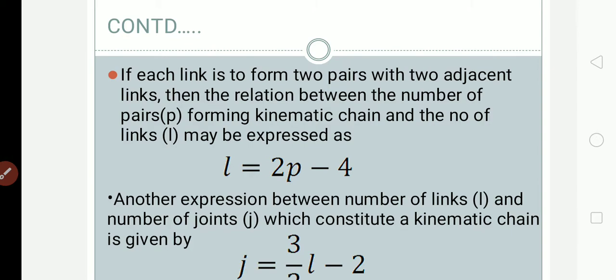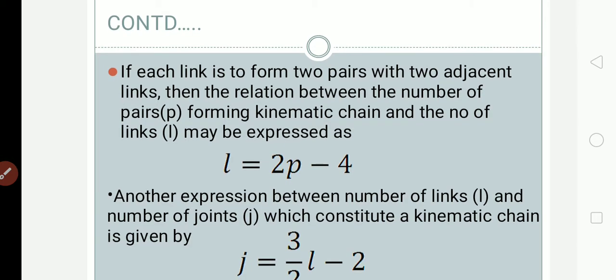L means the number of links or bars, and P means the number of pairs or joints. In order to form a kinematic chain, we have to satisfy the relation L equal to 2P minus 4. That is the equation or criteria to be satisfied to form a kinematic chain.